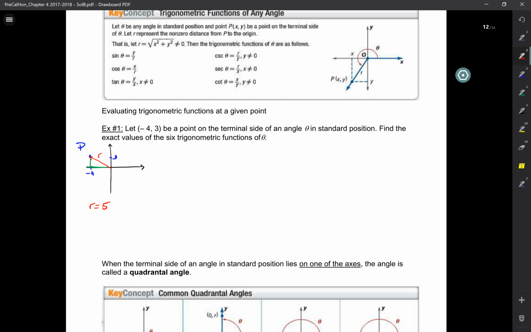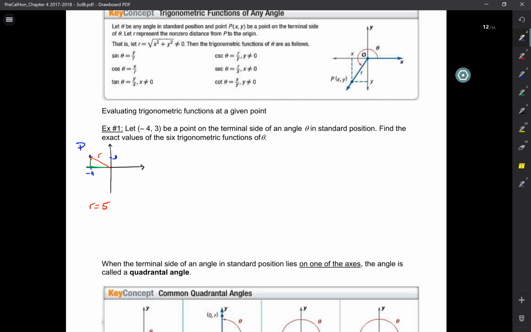But for 3, 4, 5s, for 6, 8, 10s, for 5, 12, and 13s, you should know. For like 19 and 13, I just plug it into my calculator. Absolutely. Okay, so I'm not testing you on Pythagorean. We have bigger things to play with here.